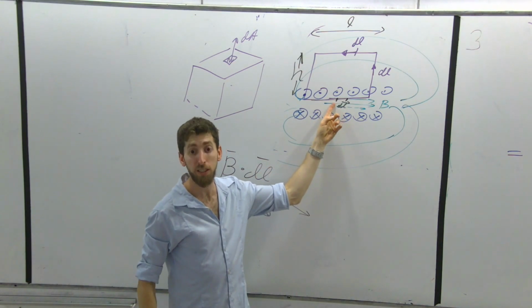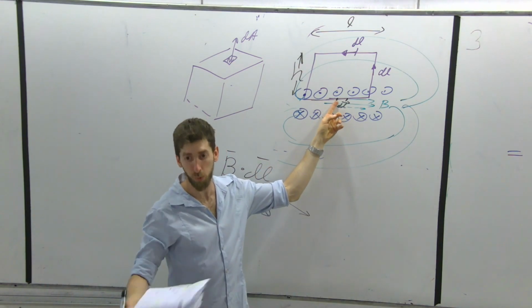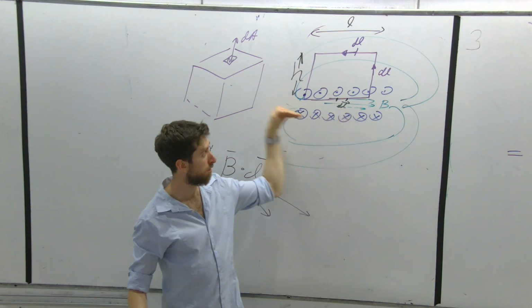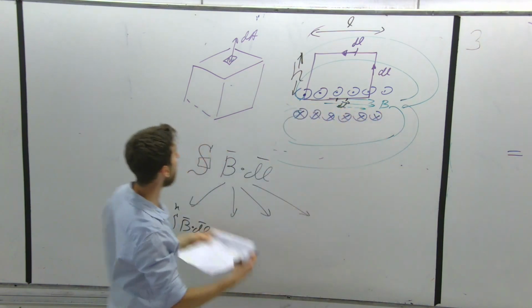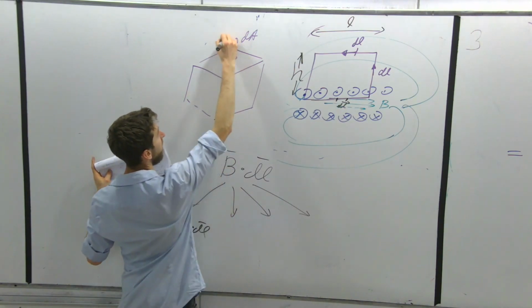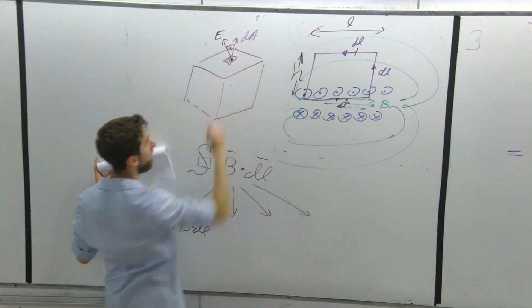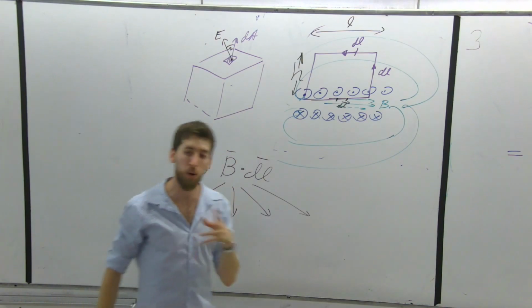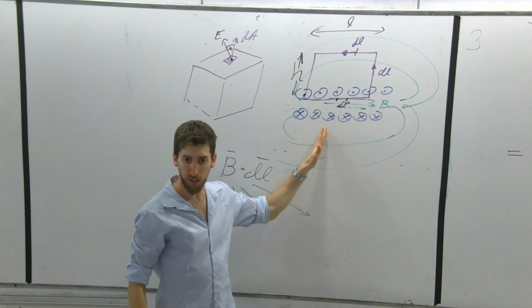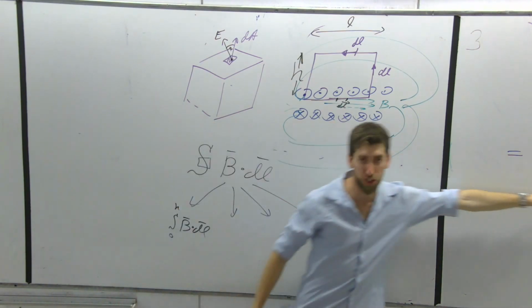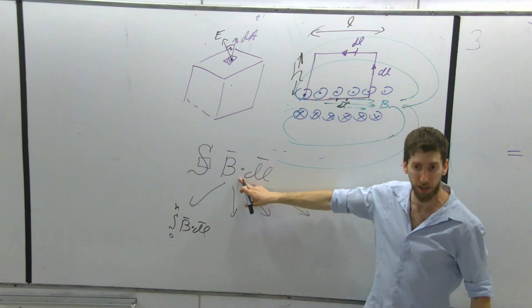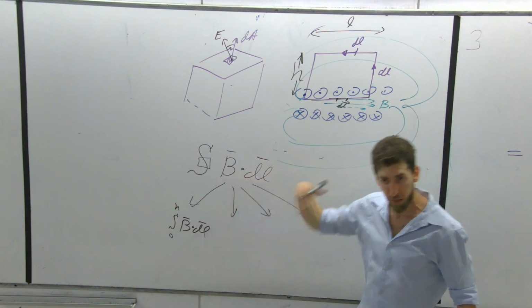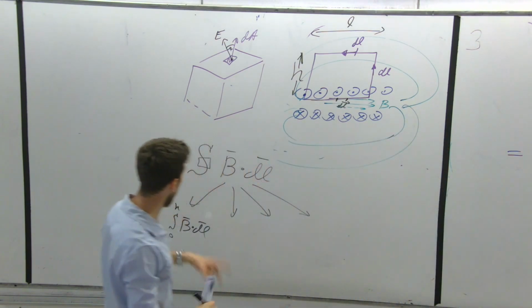It is 1, because the magnetic field is pointing that way, and the loop is pointing that way. The same thing we had in Gauss with E and the dot product between them. So what's a good choice of a loop? A good choice gives you a nice dot product. That's what you want when you choose an imaginary loop.